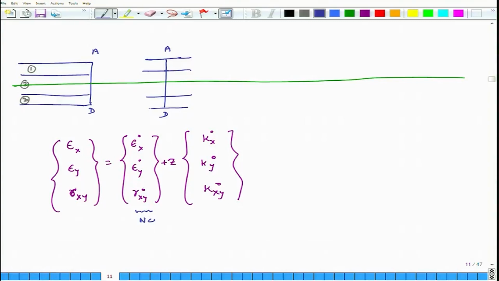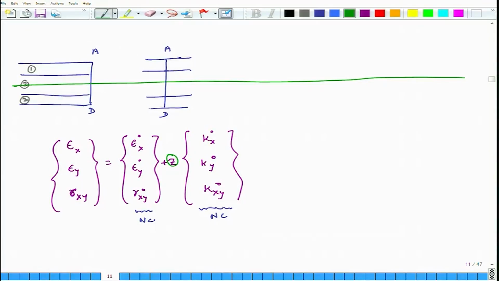So, mid plane strains are fixed. Similarly, the curvatures are also not changing along line AD, because what is the curvature of the mid plane? It is the second derivative of w with respect to x, y. So, this is also not changing. The only thing which changes is the z coordinate.